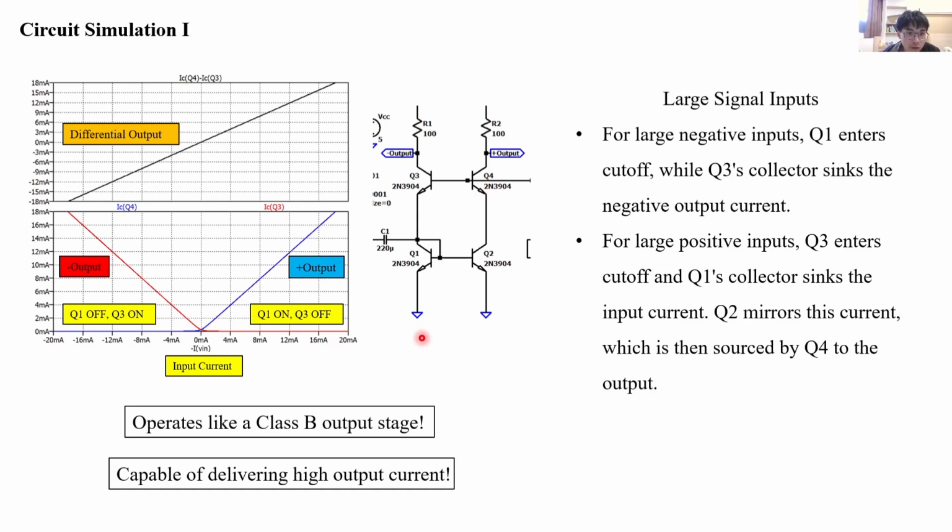And for large signal input, the amplifier operates like a Class B output stage, and it is capable of delivering high output current like this result.